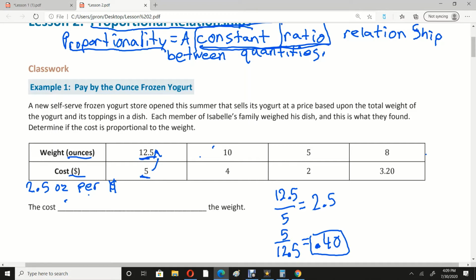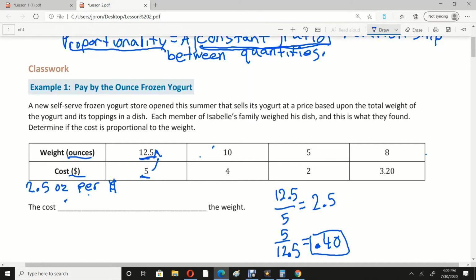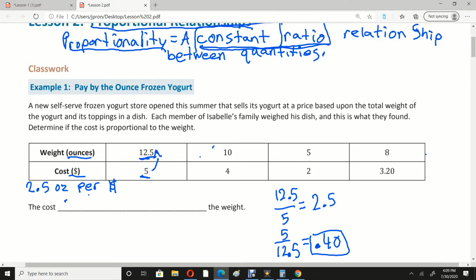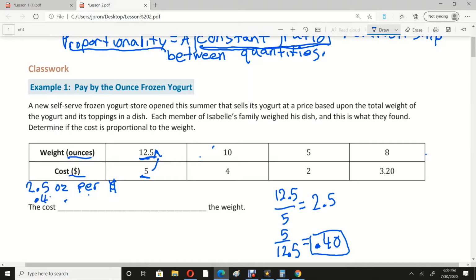And what this would mean, when we divide the cost by the number of ounces, is a unit rate per ounce. So here instead it would be 0.4 dollars per 1 ounce.